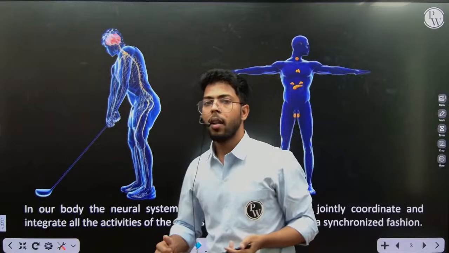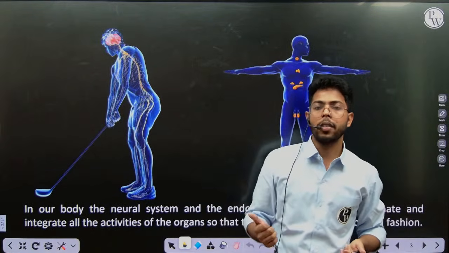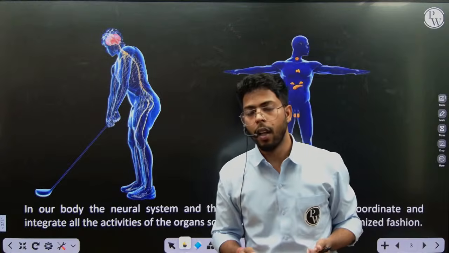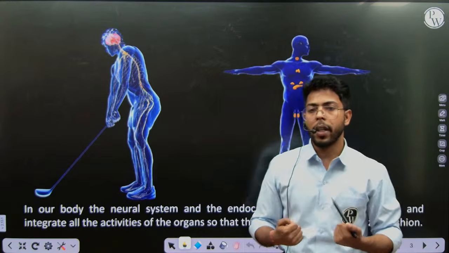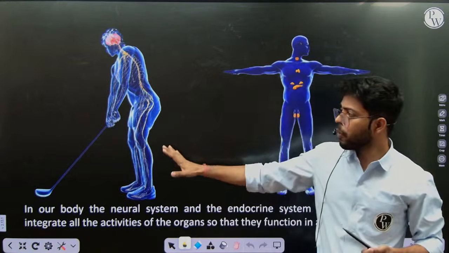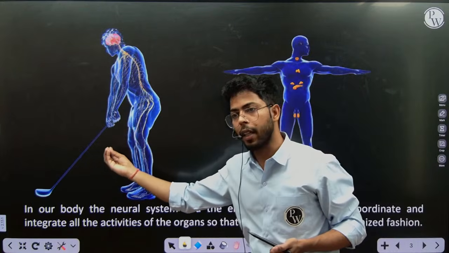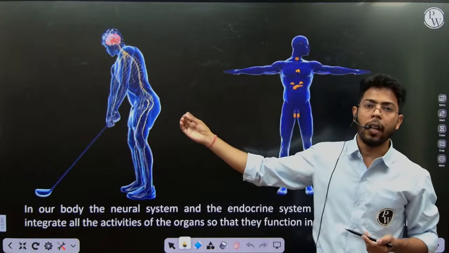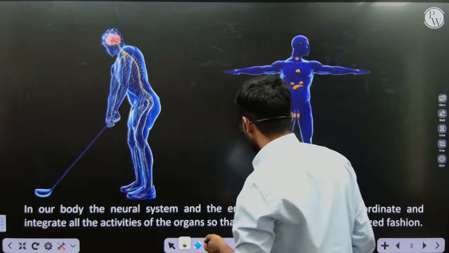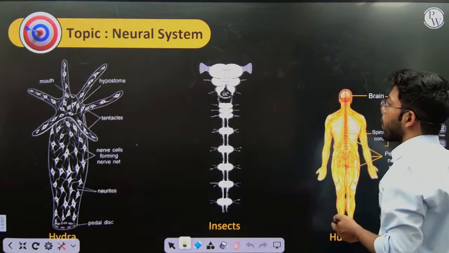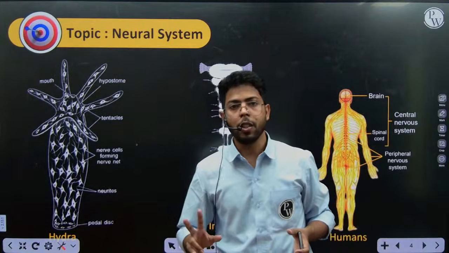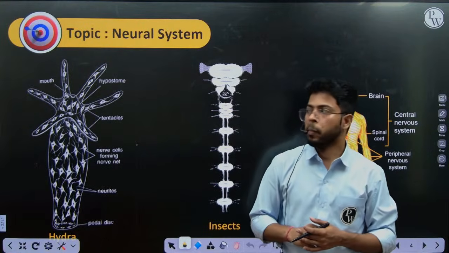These two, neural coordination and chemical coordination, combinedly help in any physical activity or day-to-day life activity, and these two systems must work in a synchronized way.